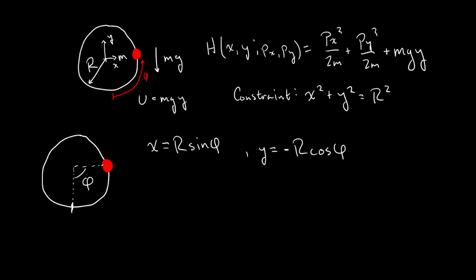Y is minus just because I've called this direction the positive y direction, and so the positive cosine phi direction points this way, so I get something which is negative there.